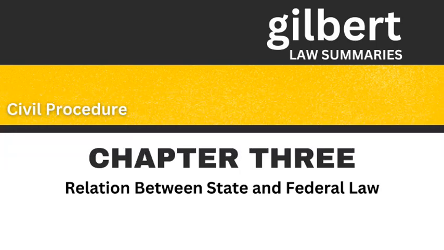In Hanna itself, conflict could have been avoided by reading Federal Rule 4(d)(1) to deal only with service to commence the action and not with tolling the statute of limitations. State law provided for tolling either by personal service or by filing a notice of claim in probate court.